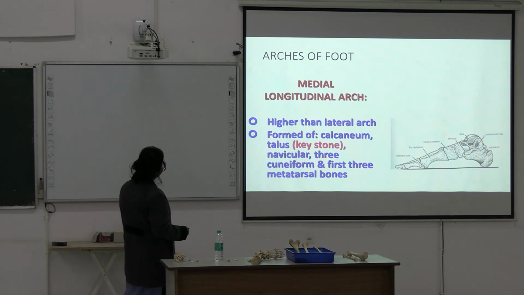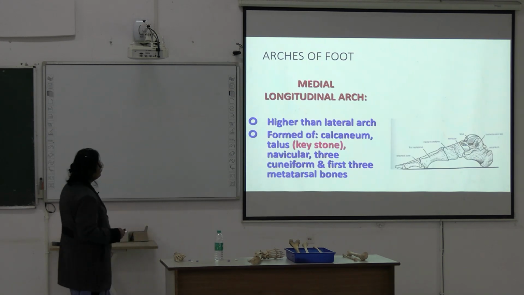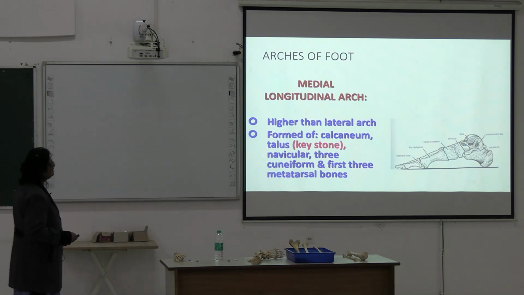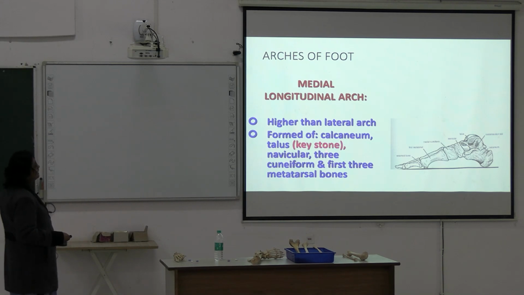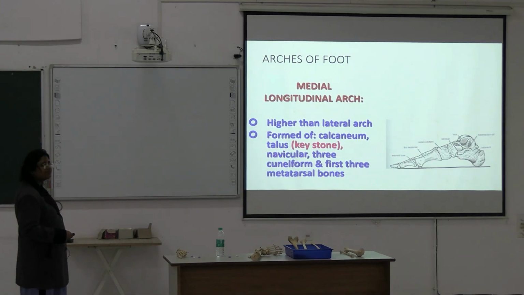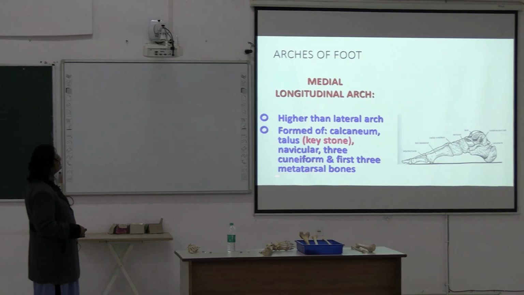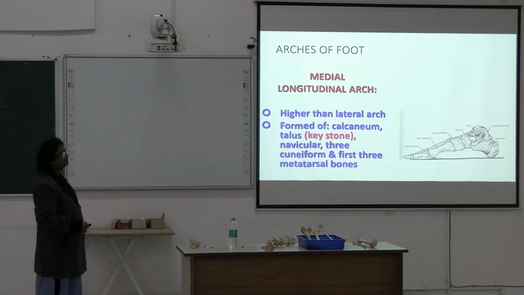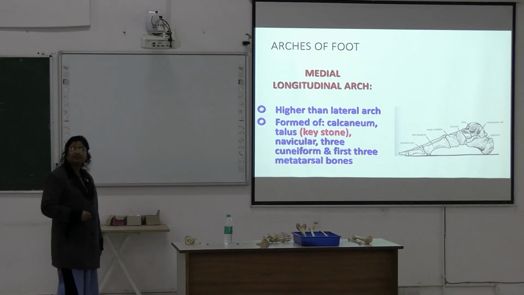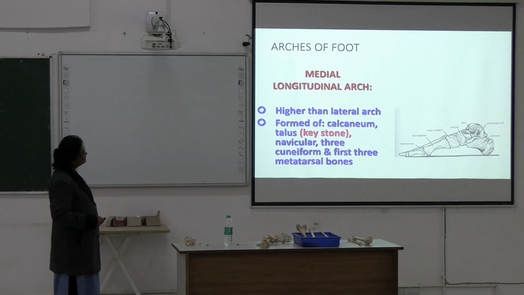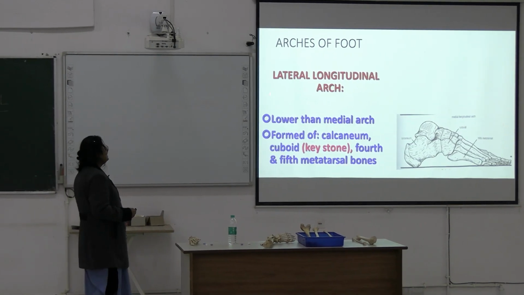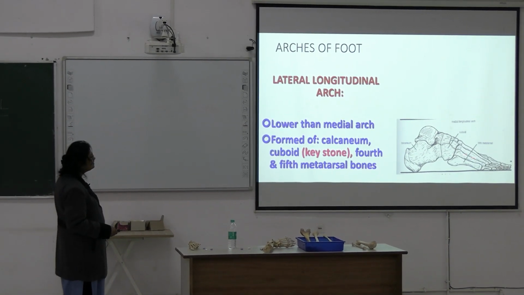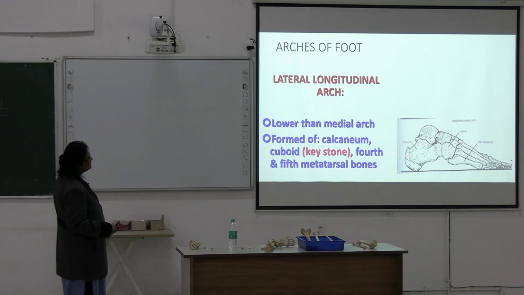Next, so the medial longitudinal arch is higher than the lateral arch, formed by the calcaneum, talus which forms the keystone, navicular, three cuneiforms and first three metatarsal bones. All these are forming the medial longitudinal arch. Next, lateral longitudinal arch, this is the view from the lateral aspect.